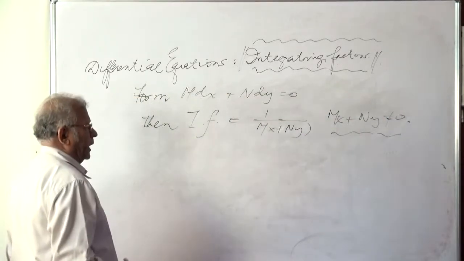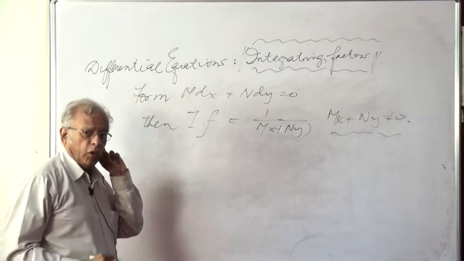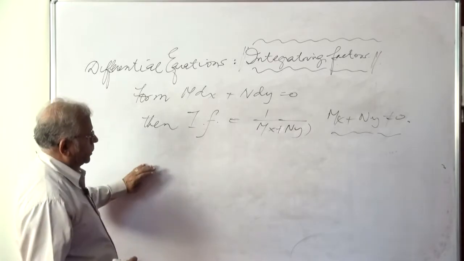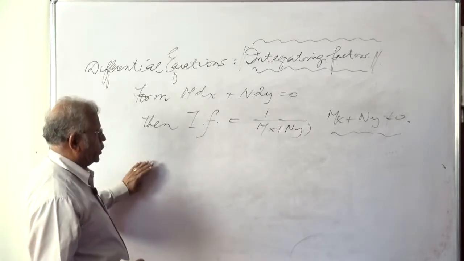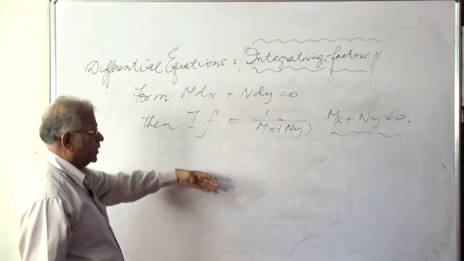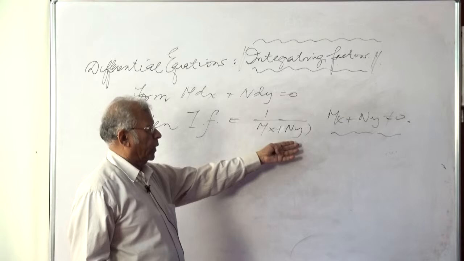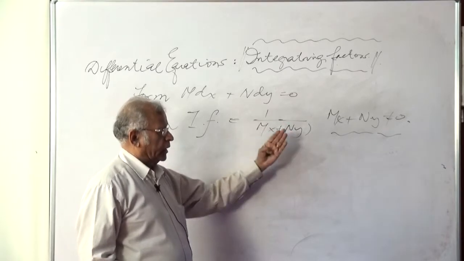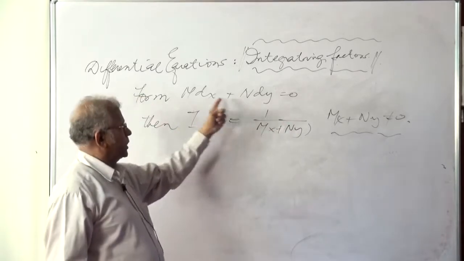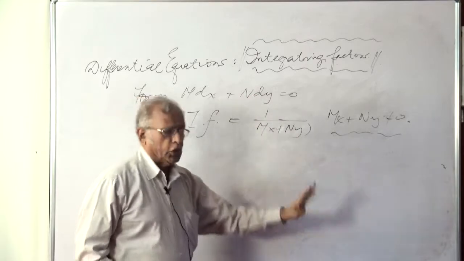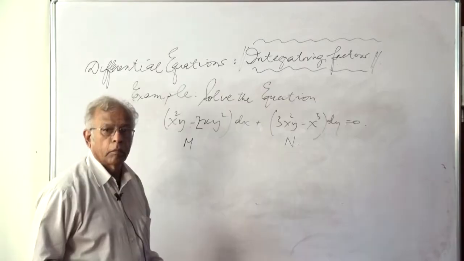We take an example and then the point will be driven home better. So, we will now go to an example in which this criterion is fulfilled and see how 1 over Mx plus Ny as an integrating factor multiplying this original equation leads to a solution very quickly.